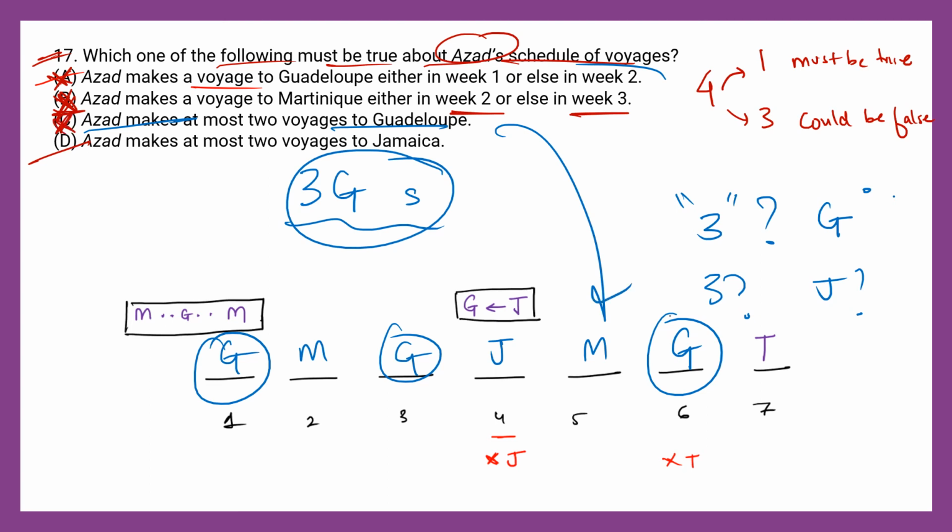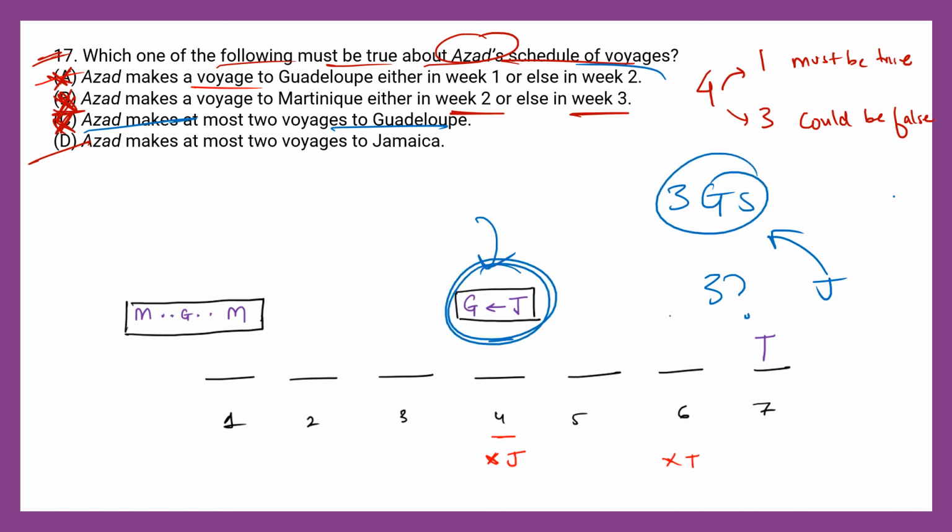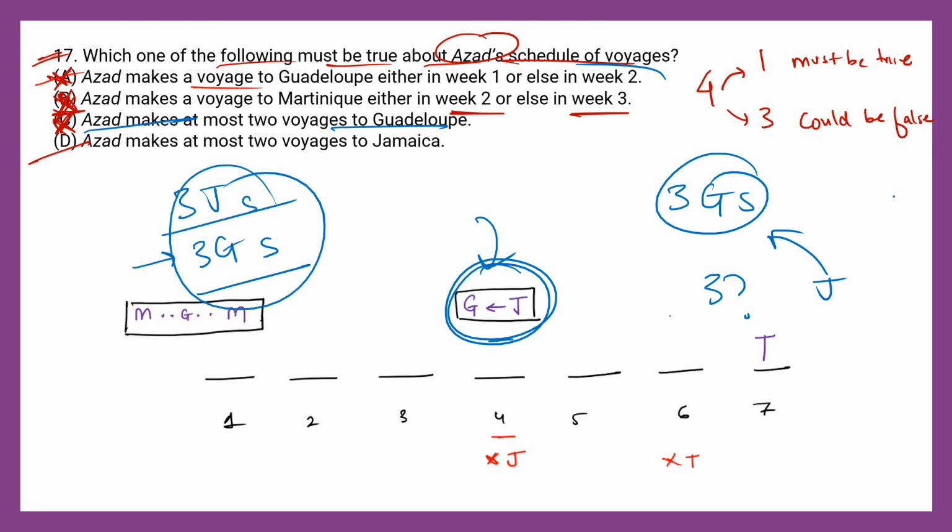Now what's the thing with J? When you look at 3 J's, the problem is that the moment you have 3 J's, it means you also have 3 G's, because J always comes along with G. So if you have 3 J's, you get the 3 G's free, alongside.